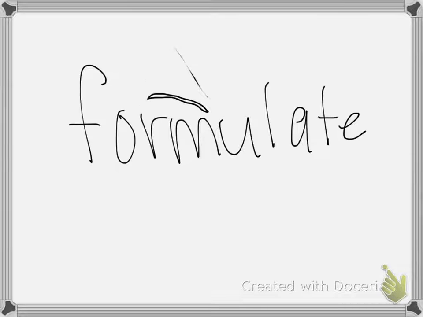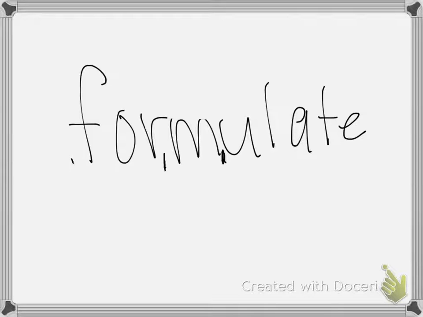Thinking about this word and looking at it, I've already said it, so you already know how to pronounce it. So we know we can either split between the R and the M or after the M for this first syllable.